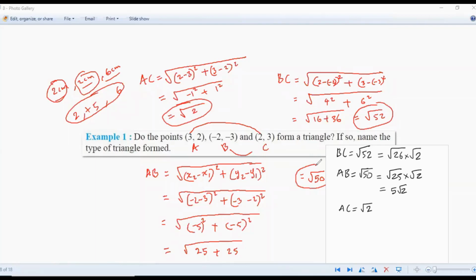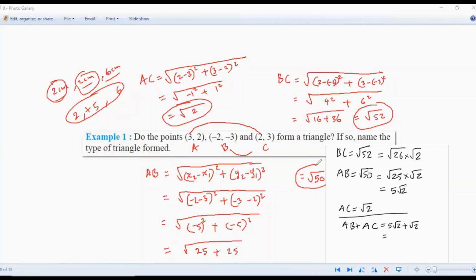Okay, so to check whether ABC forms a triangle or not, we want to check whether the sum of the smaller two sides exceeds the larger side. So we can check here, what is AB plus AC, the sum of the two smaller sides, that is equal to 5 root 2 plus root 2.